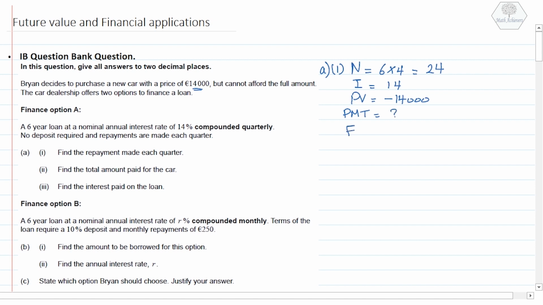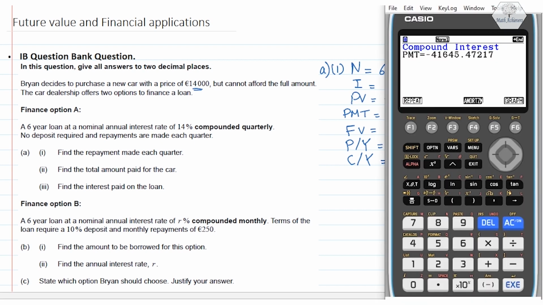The future value is simply equal to 0 because he wants to pay off the loan. He makes 4 payments per year, and there are 4 compounding periods per year.